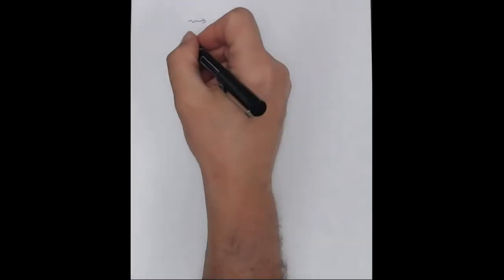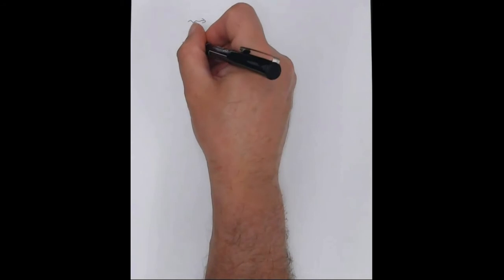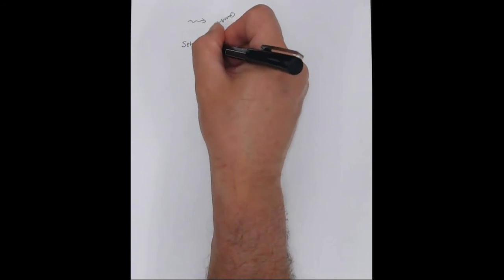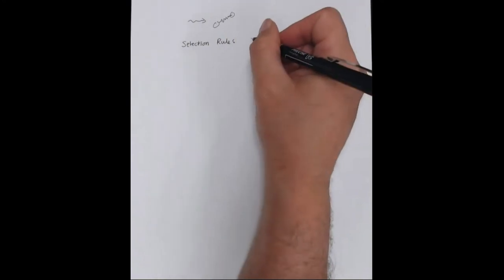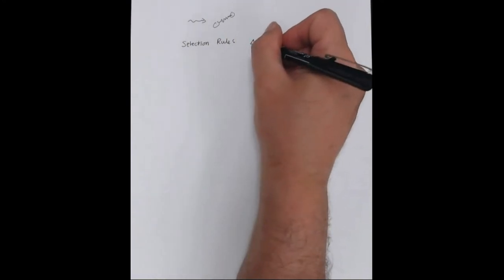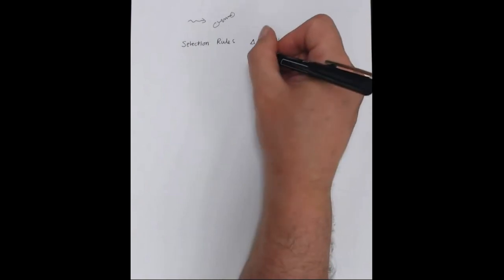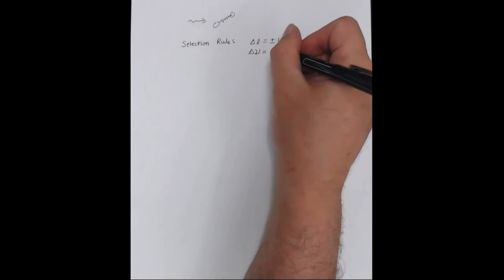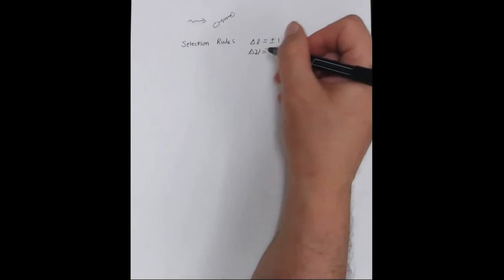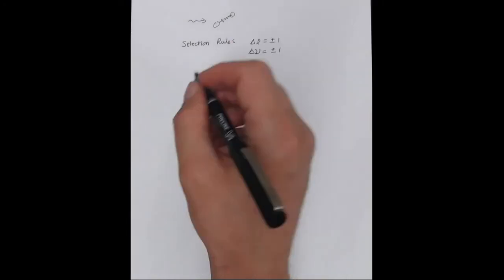So we have selection rules, just like we did for atoms. Our selection rules are going to be that L has to change by plus or minus 1, and delta nu has to change by plus or minus 1, the quantum number for the oscillation, for the vibration.